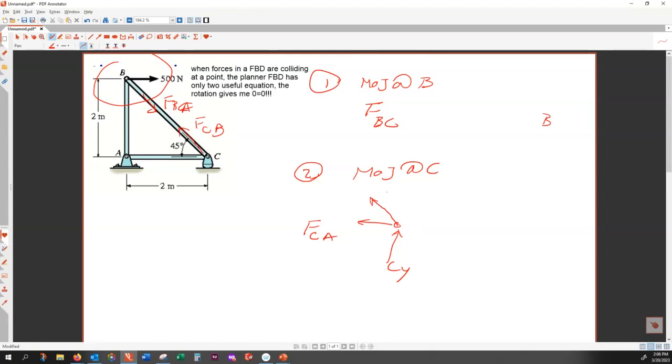The third force, FCB, is equal to FBC. So when I finish with FBC, I know the value. I bring that to this second free body diagram. Now, how many unknowns are here? 1, 2. Is this solvable now at this stage? As a second stage, can I apply method of joint at C? Can I or can't I?